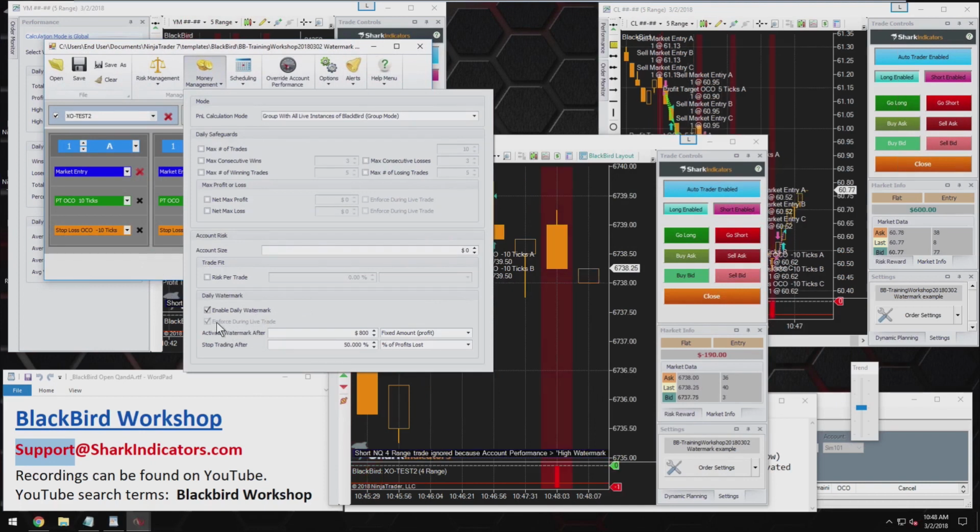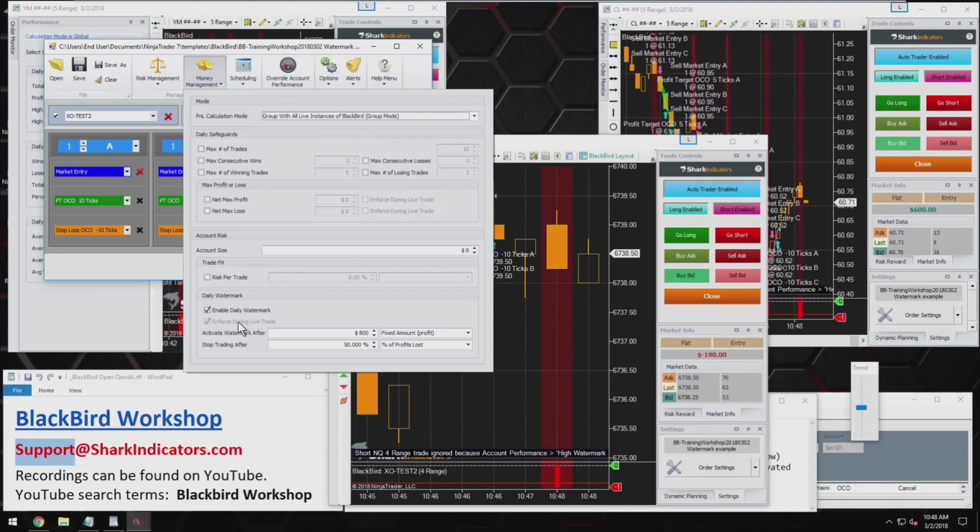This just reminded me. You notice how the enforce during live trades is grayed out, and that's because we're running in group mode. So, right. When you have BlackBirds running in group mode, realistically it's impossible to have the watermark enforced during a live trade, right? And it's because there's just too many moving pieces going on all at the same time, right?